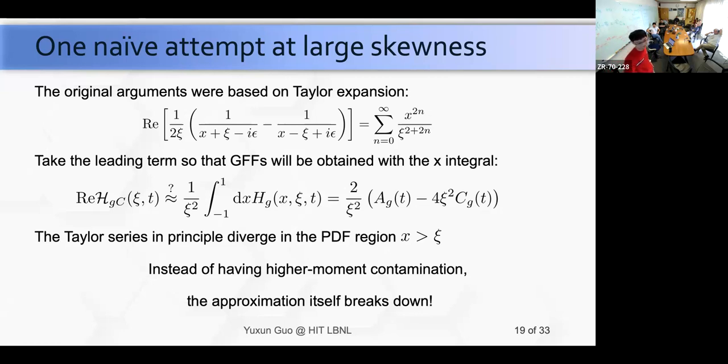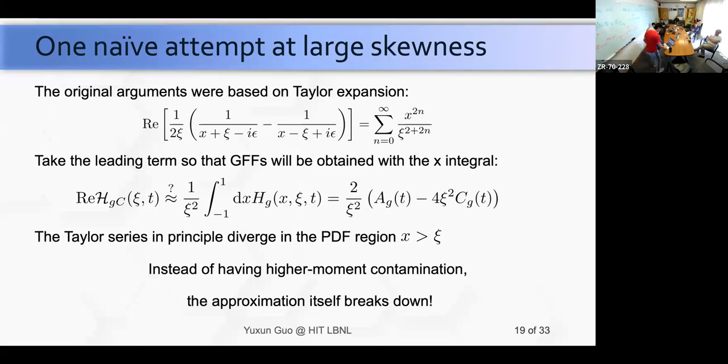So if you take this integral, you find that the Taylor series should in principle diverge if X is larger than C, as you see here. And this generally happens because C is less than 1, and X always goes from -1 to 1. So instead of saying that we take the leading term and there's higher-order contamination, the more serious issue we should consider is that this expansion will break down, and in essence, the approximation itself doesn't make sense.